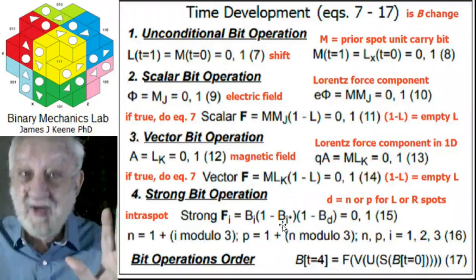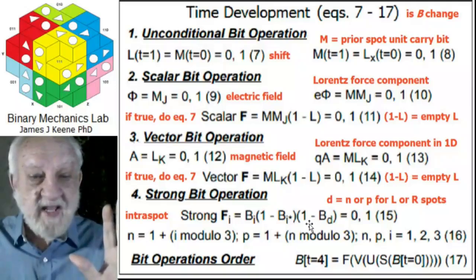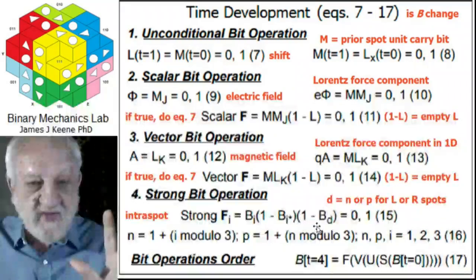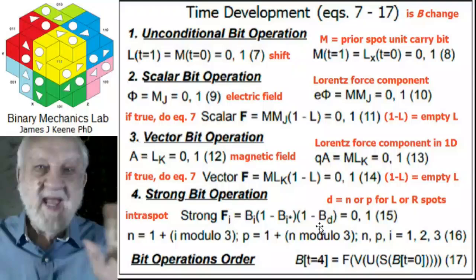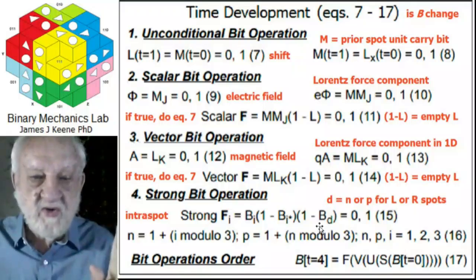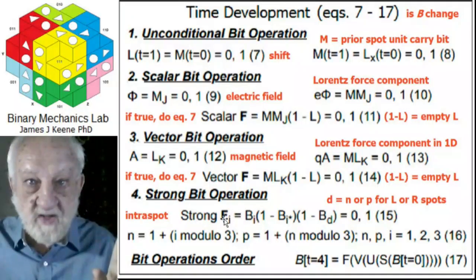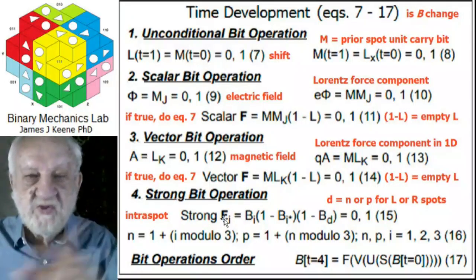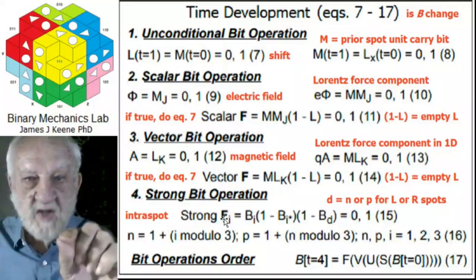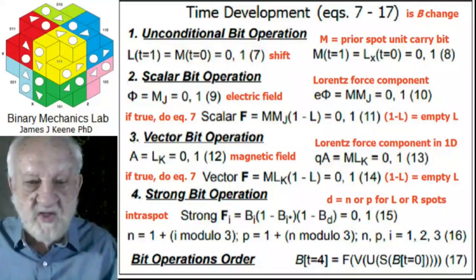This is really weird, isn't it? And of course, the same thing as we had before, an empty destination locus. And when all three of those things are true, then the strong F equals 1, and we get a transfer from the source spot unit of a quanta to the destination spot unit.